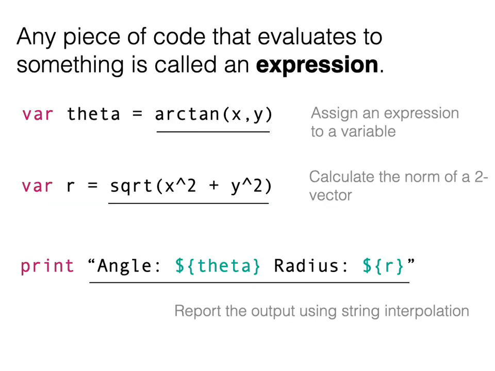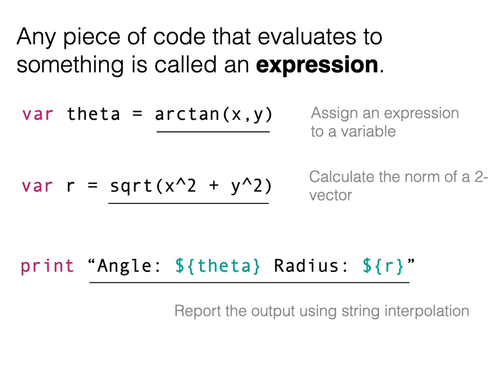Anything that evaluates to something like a number or a string is called an expression. And so here we have a sequence of code that converts Cartesian coordinates to polar coordinates. Arctan xy is an expression that evaluates to a number, and we store it in theta.